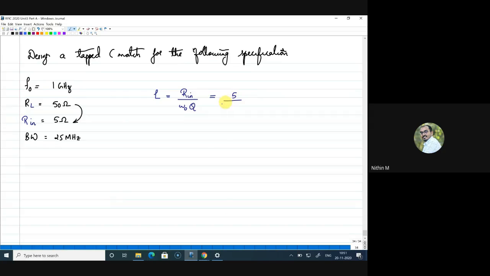Which is 5 divided by omega naught into Q, which is 2 pi into 1 giga into, what is Q here? We can take 40, right? Yeah, it is 40. So what is the answer for this? It's 19.89 picohenry.